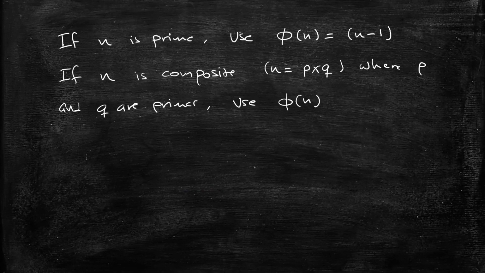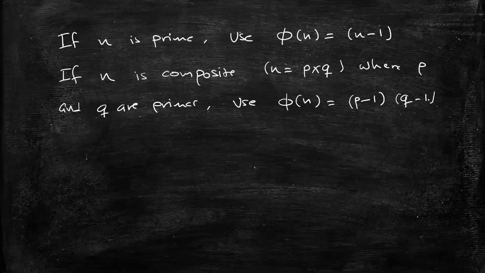Phi of n is equal to p minus 1 times q minus 1. That's the formula that can be used only if n is composite, meaning it can be expressed as a product of two prime numbers. So we'll call the first one number 1, and this would be number 2.